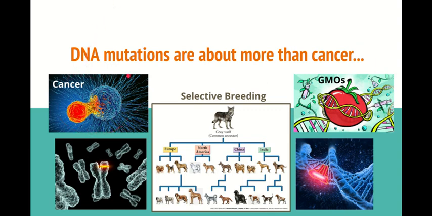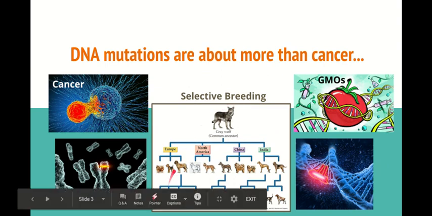But DNA mutations are also a great way for us to naturally get some diversity in the world. DNA mutations are what made selective breeding possible. So if you have a lovely pet dog or a pet cat or another pet of any kind at home, that animal has been selectively bred over hundreds of generations to come from a common ancestor. For dogs, it's the gray wolf, into hundreds of different breeds of dogs that all look very different.